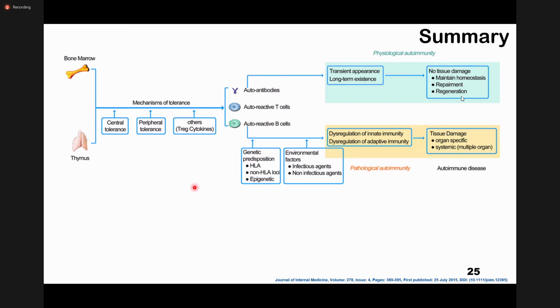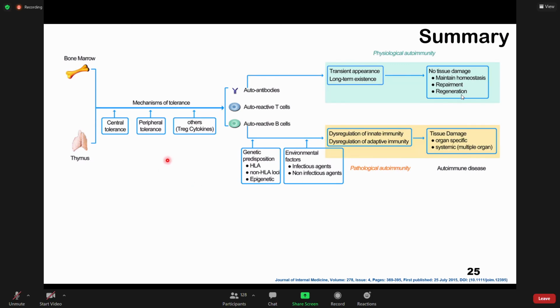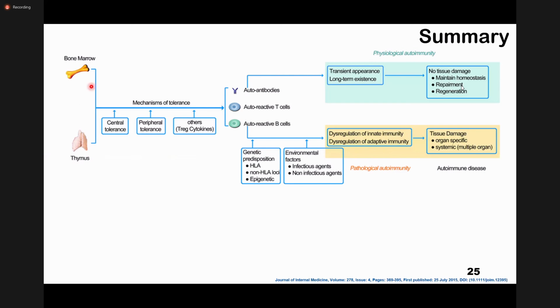So this explains the whole tolerance and the cause of autoimmunity. As I told you, the thymus and the bone marrow are the sites for your lymphocytes, and there are mechanisms of tolerance: central, peripheral, and the Tregs, the regulatory T cells, and you have the autoantibodies and your physiological autoimmunity, where there is no damage and the normal state is maintained.